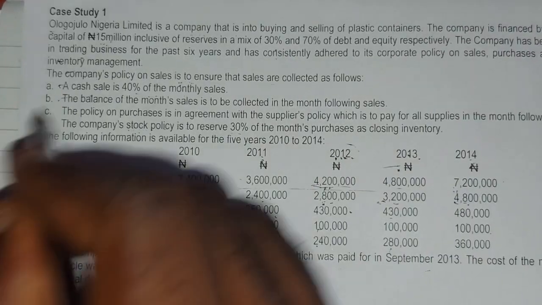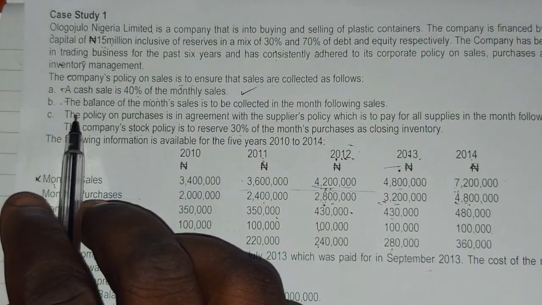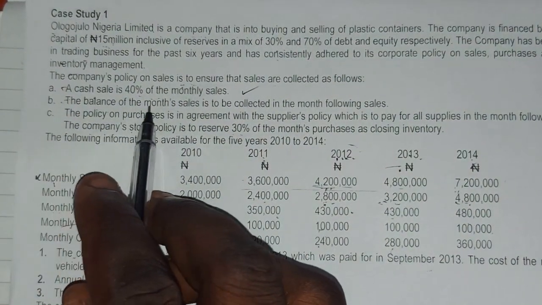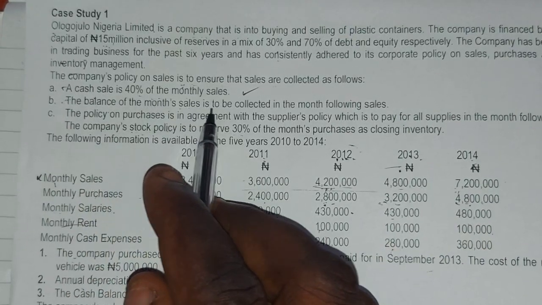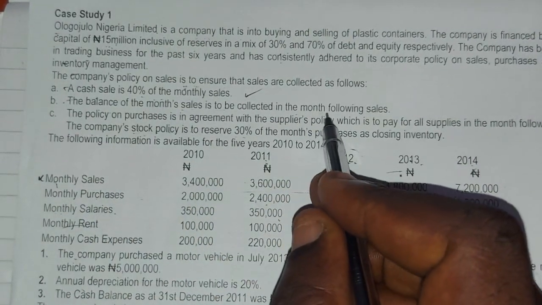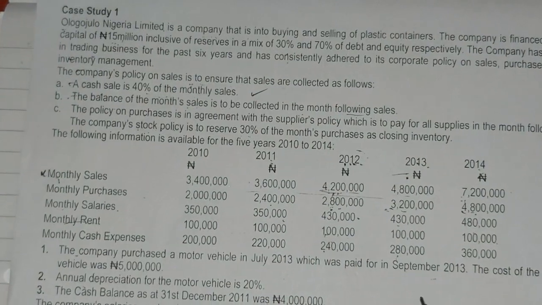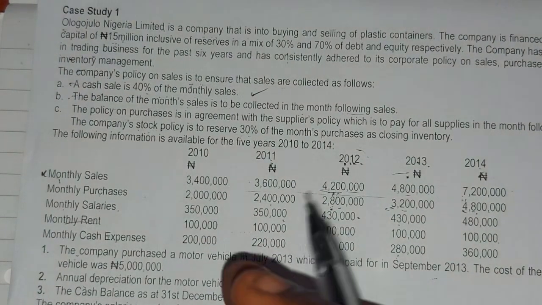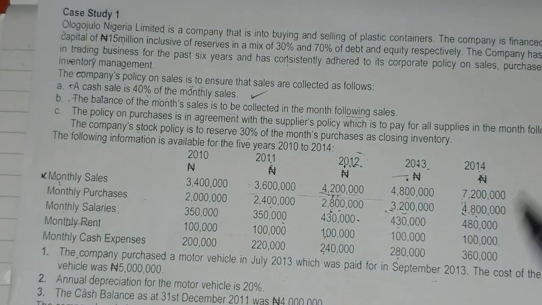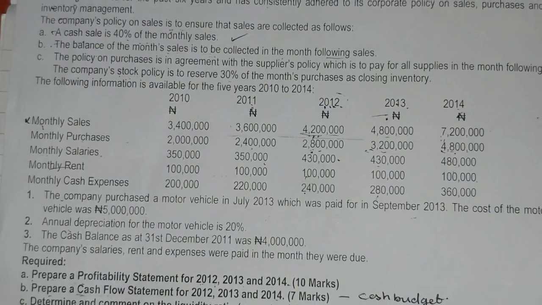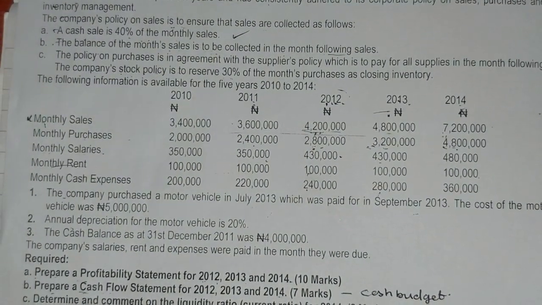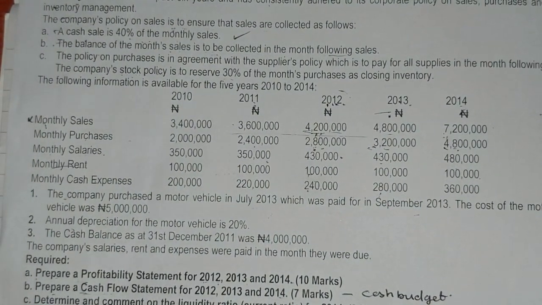Then the B part, so this part has been done. The B part says that the balance of the month's sales is to be collected in the month following the sales. So in that case, we are going to do something here.